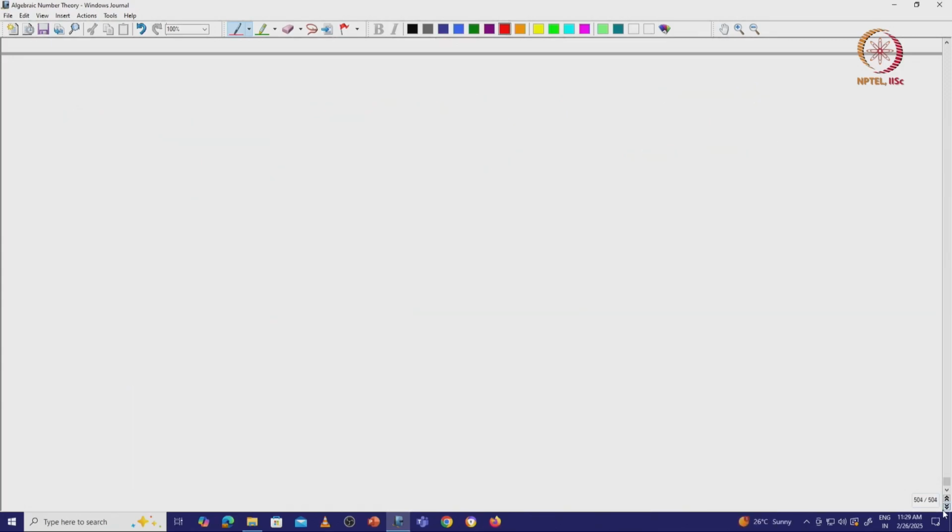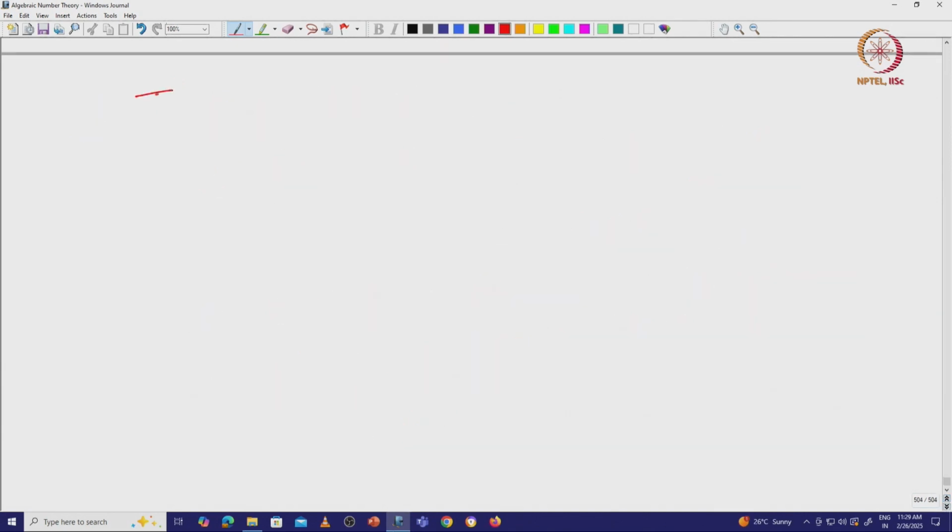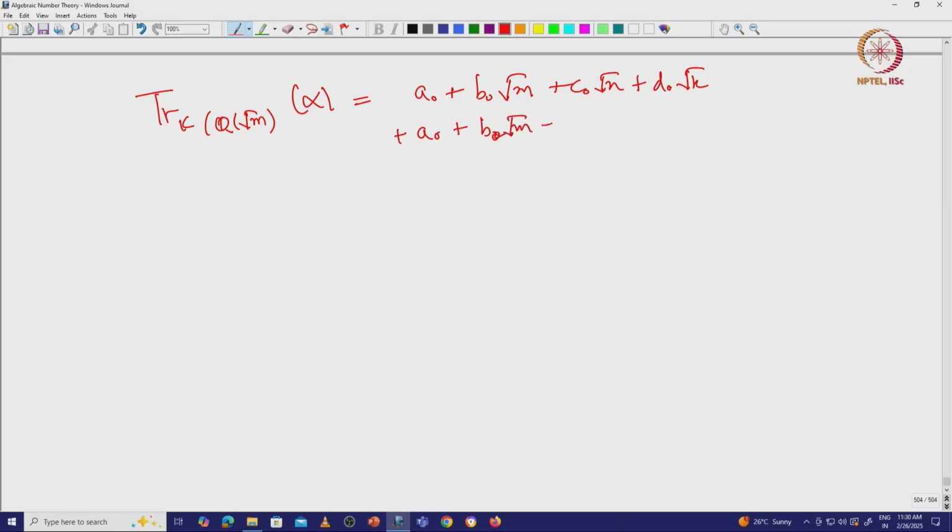So that is one thing, and then the second thing is we look at the trace from K to Q(square root of m) of alpha. This is a0 plus b0 square root of m plus c0 square root of n plus d0 square root of k, plus a0 plus b0 square root of m minus c0 square root of n minus d0 square root of k.